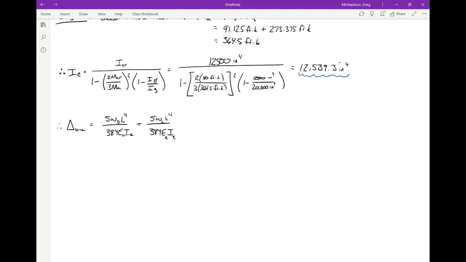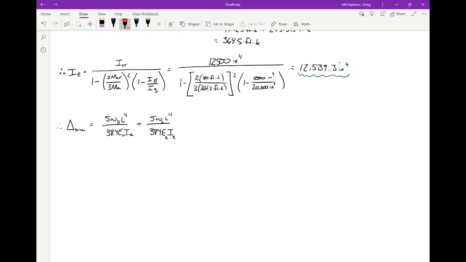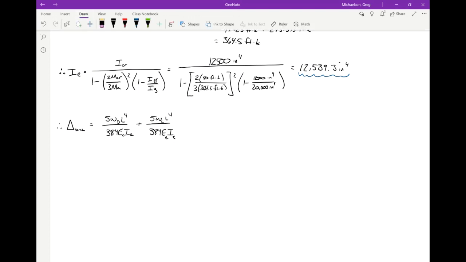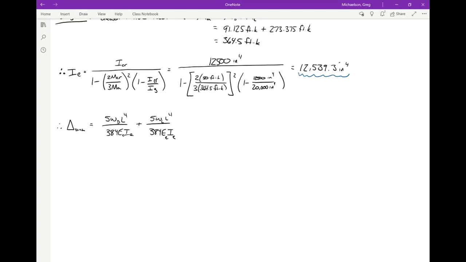My second point, some of you might be thinking, didn't we already do this part? Can't I just use the value from before? The answer is no, you can't, because it's a different moment of inertia. Let's just chug it out and see. Let's do this one at a time, and I'm going to write the whole thing out.